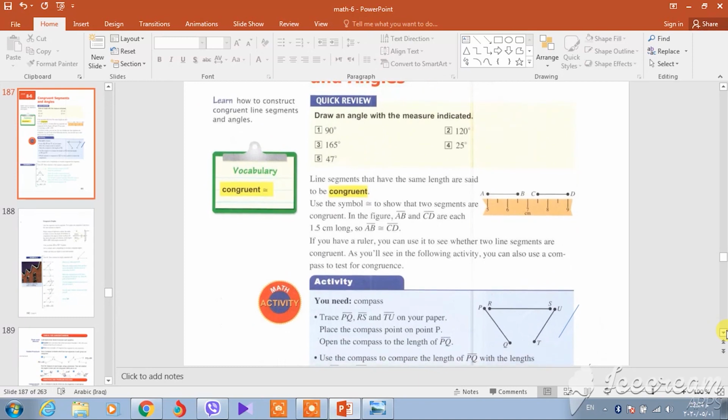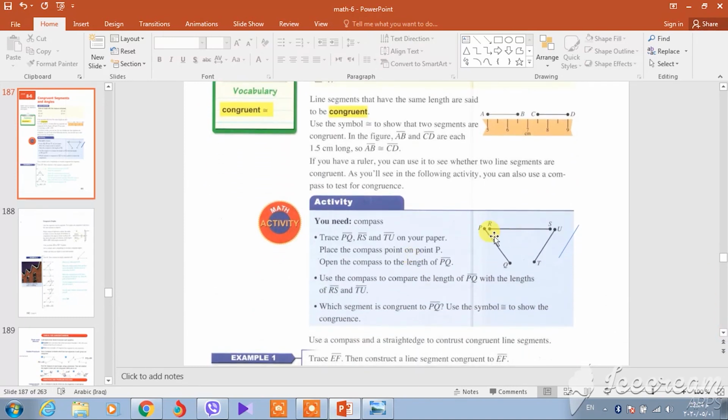And I want to show you these lines. We have 3 lines, for example, line segments PQ, RS and UT. For example, this line is a ruler, students. I make these line segments equal to 2 centimeters. TU equals 2 centimeters long, and PQ also equals 2 centimeters long.